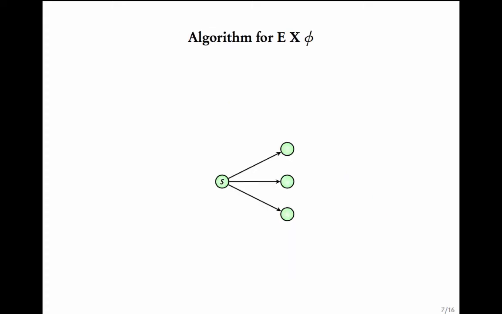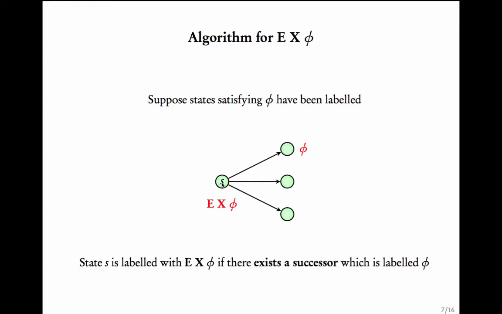Let me summarize the algorithm for EX phi. First, we need to label states satisfying phi, and then once you do that, for every state satisfying phi, you look at its predecessor. In other words, a state S is labeled with EX phi if there exists a successor labeled phi.